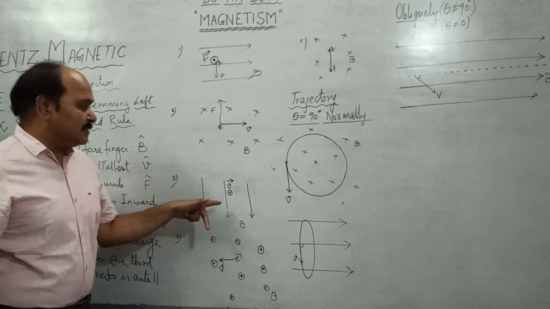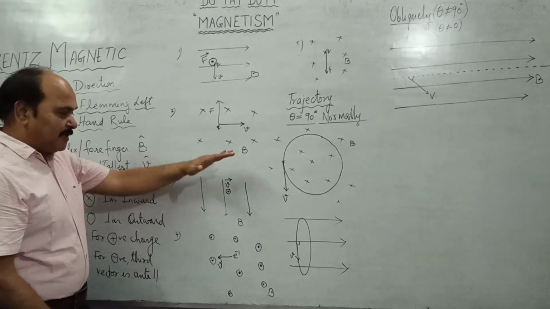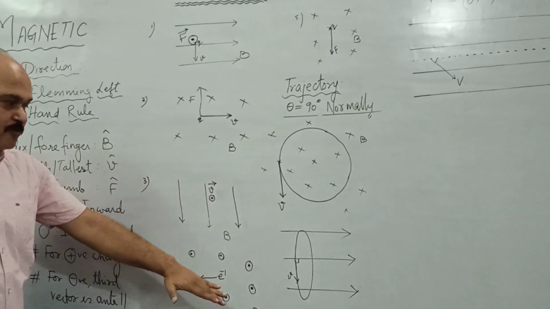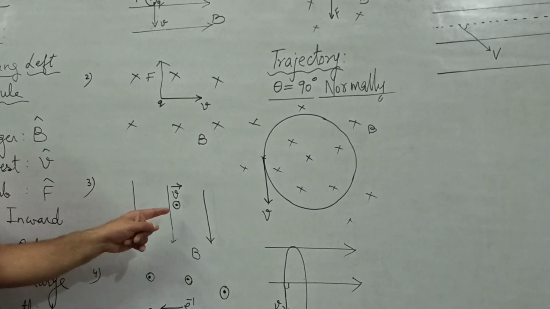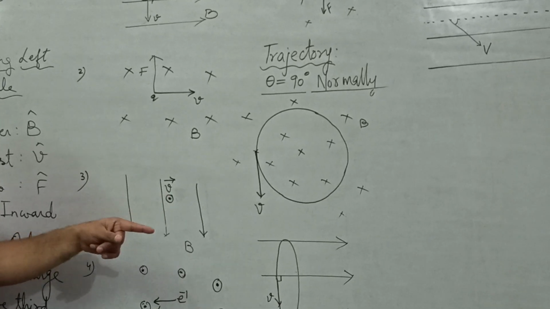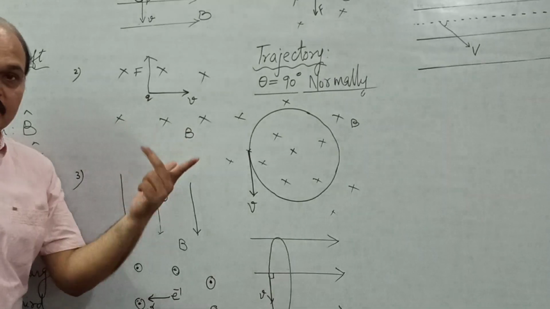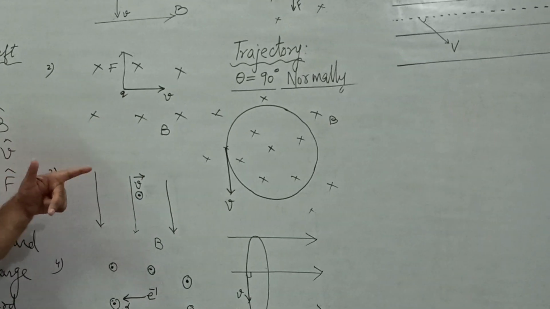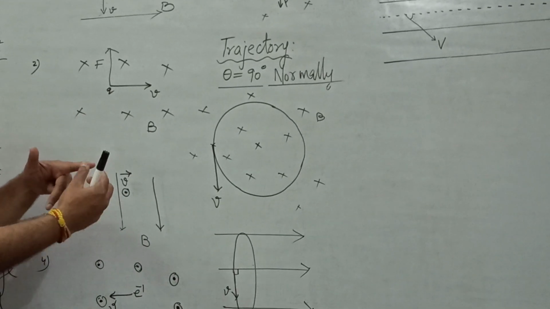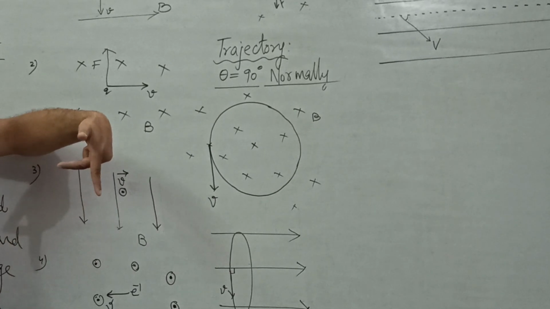Well, let us see example number 3. Here the magnetic field is in this direction, downward, and the velocity is dot. That means the velocity is outward. So let us take the fingers one by one. Let us take the index finger along the magnetic field.